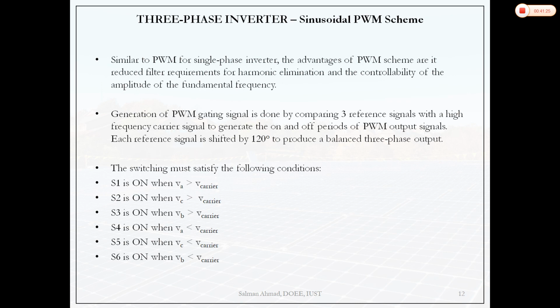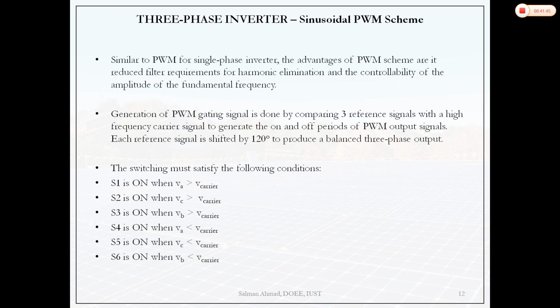In 180 degree and 120 degree conduction, there will be more lower order harmonics, like we have seen in single phase H bridge inverters, and their magnitude is comparable with that of the fundamental component.